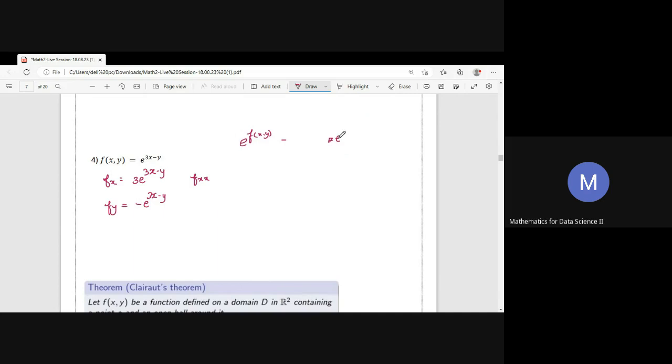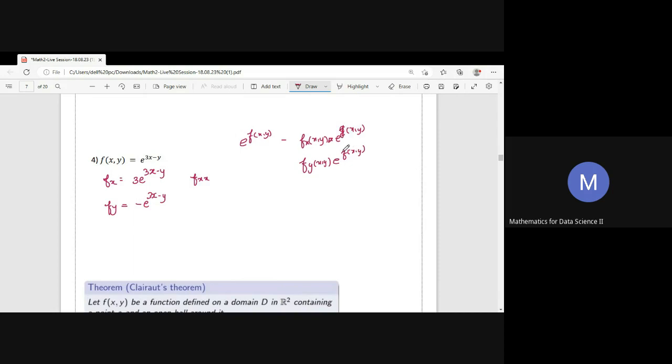So you will first write e power f of x comma y. Now here, using the chain rule, you will find the derivative of this function with respect to x, and with respect to y, fy of x comma y times e power f of x comma y.